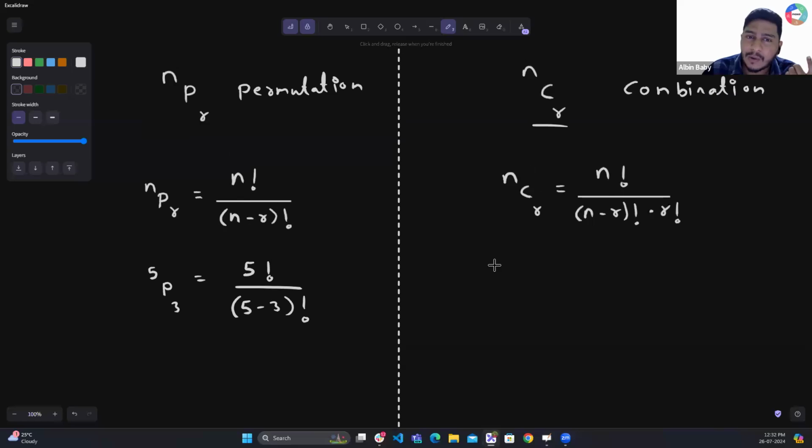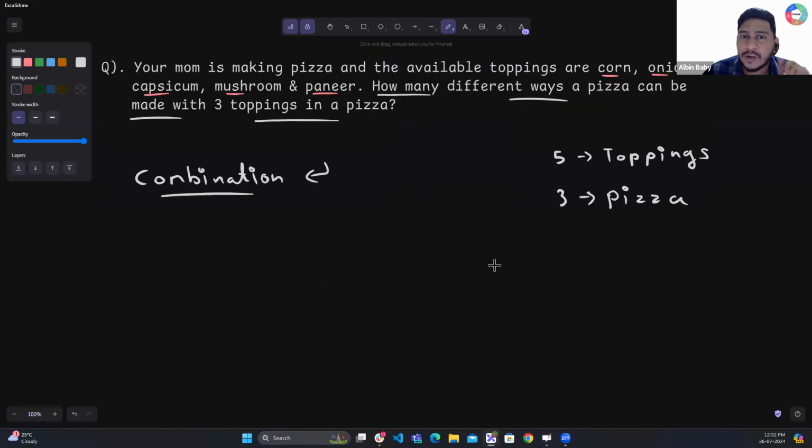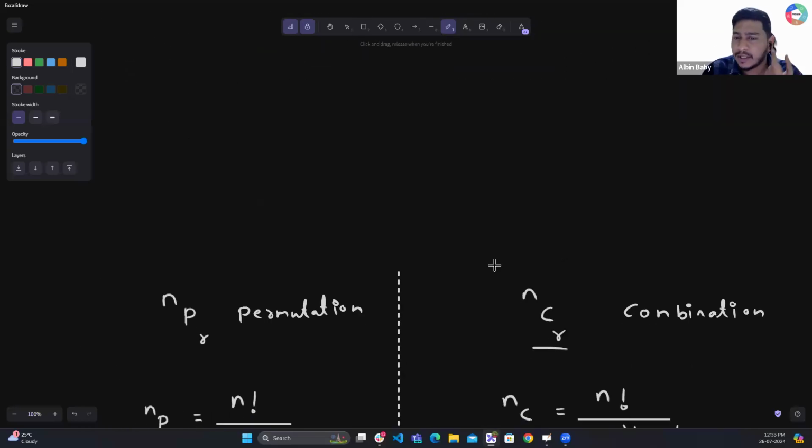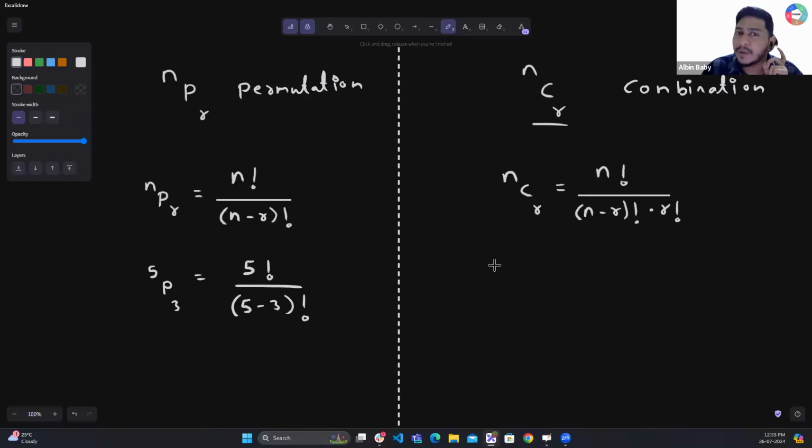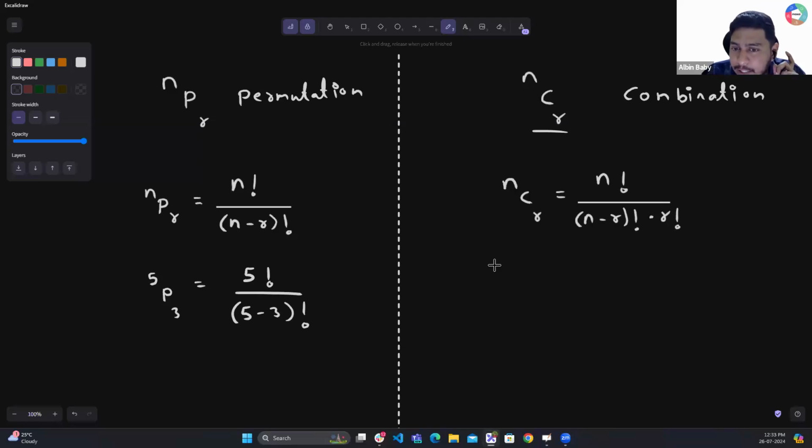So in the above pizza question, the order didn't matter. You need to figure out all the combinations, and you don't care about the order. So here it will be 5C, how many toppings can you add? 3 toppings. How many toppings do you have? 5 toppings. Got it? So it will be 5C3.